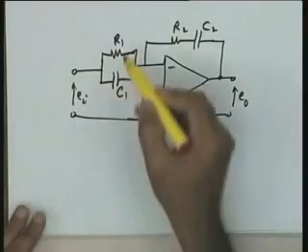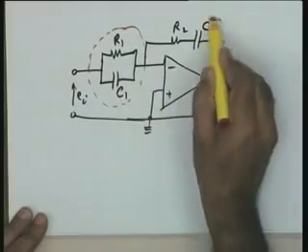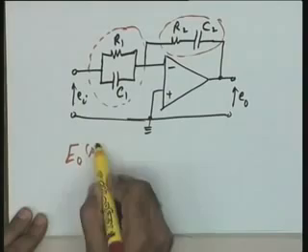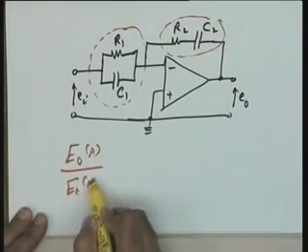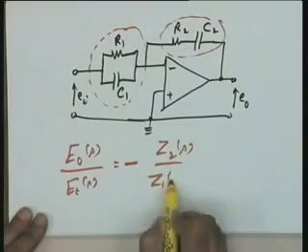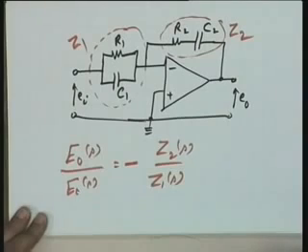So, let me look at this particular circuit. This circuit is a PID circuit. Again, in this case I would like to leave the manipulation to you. The impedance Z1 here, the impedance Z2 here, let me say E naught S over E I S equals minus Z2 S over Z1 S, Z2 here and Z1 here.